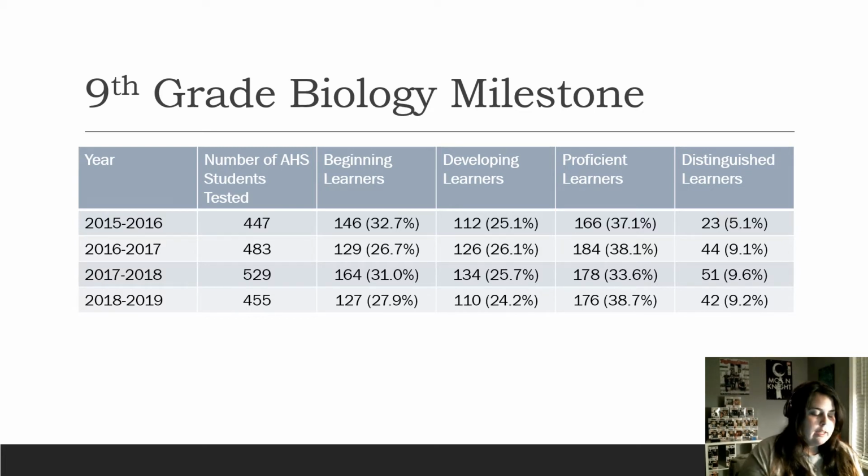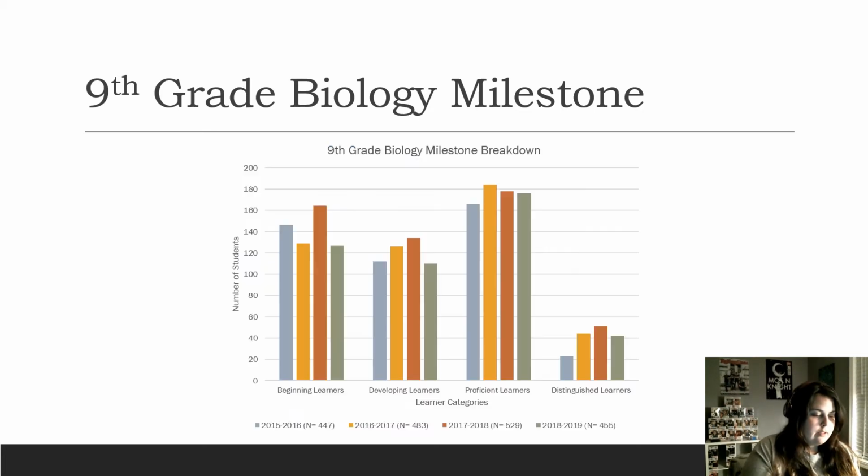So looking at this data, which we also have represented as a graph here, we have our highest percentage of students in the proficient learners category, which is a good thing for our ninth graders. That means that the majority of them are meeting the standard criteria for the biology milestone.